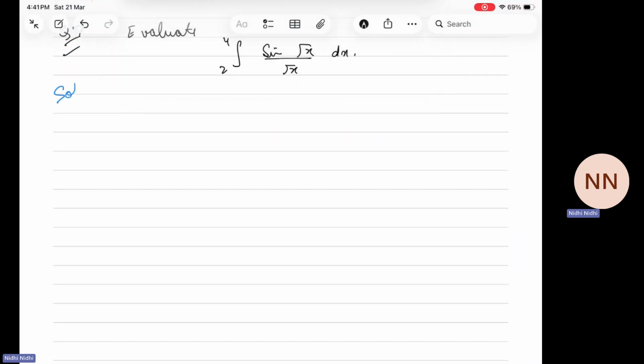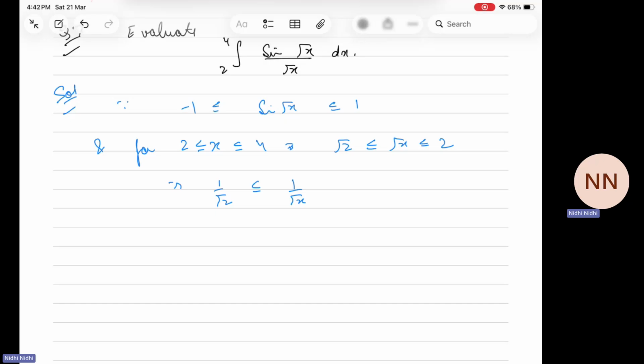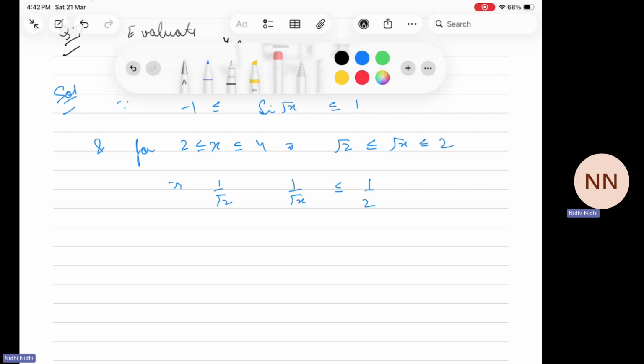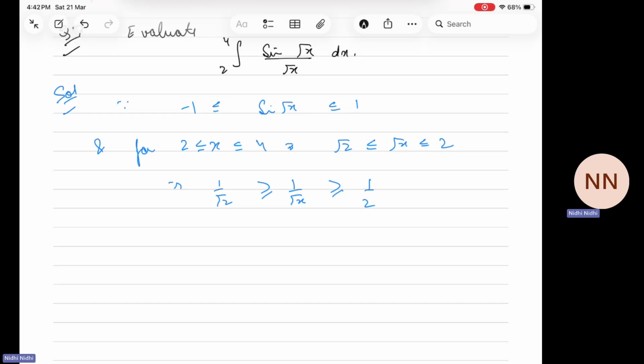So, since we know that -1 is less than or equal to sin(root x) less than or equal to 1, and for x between 2 and 4, we get root 2 less than or equal to root x less than or equal to 2, which tells us 1 by root 2 less than or equal to 1 by root x less than or equal to 1 by 2. Sorry, this inequality will change. So this will be greater than or equal to.